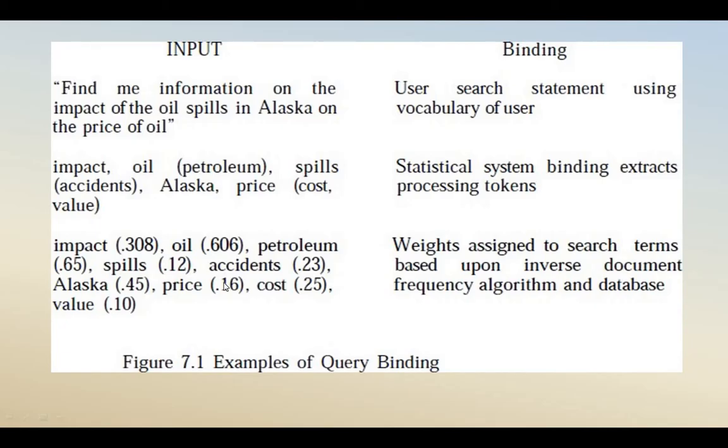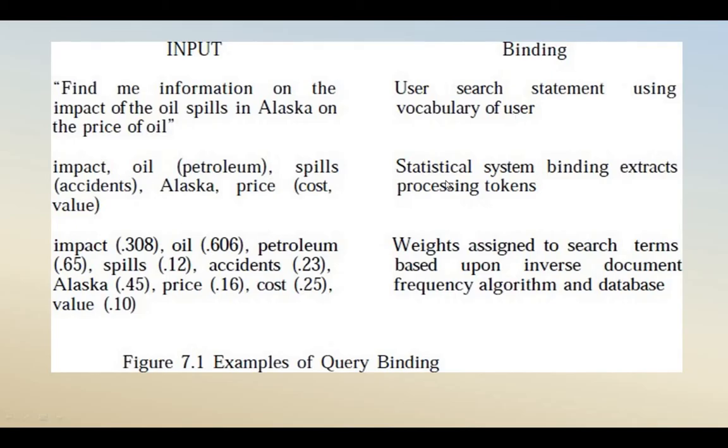All these are statistical measurements. These statistical measurements are nothing but weights assigned to each individual item based upon the inverse document frequency algorithm of the database. So whenever this query is given, the entire information can be searched based on the vocabulary.